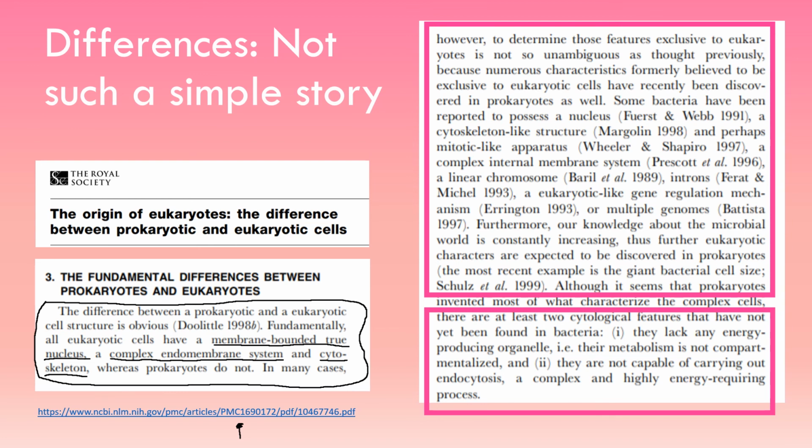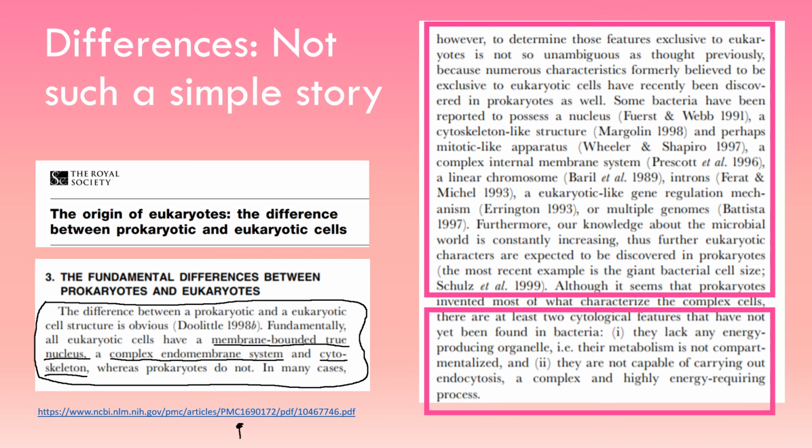So there's some kind of ambiguity here in terms of science and where things fit in. If we found a prokaryote with a nucleus, is that going to smash the whole classification out of the water?